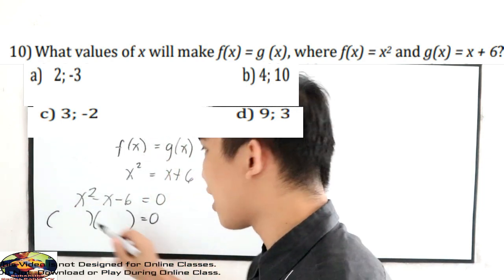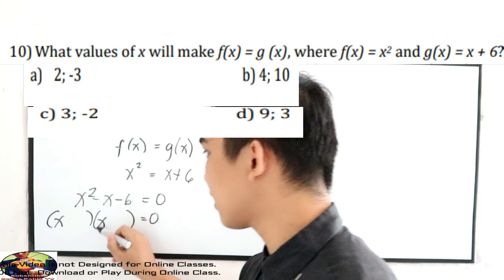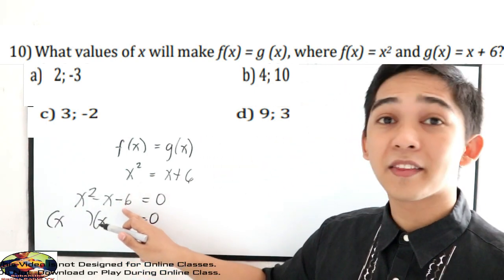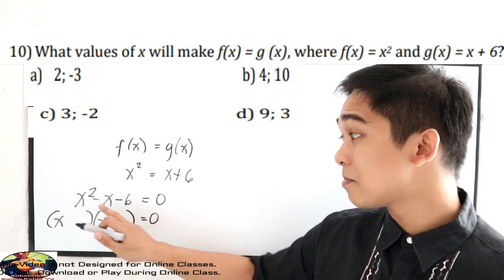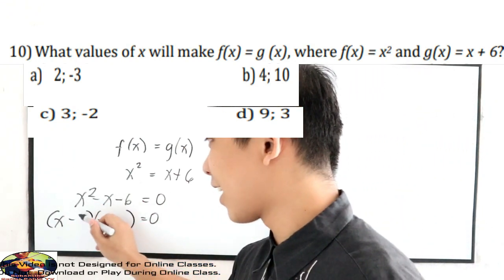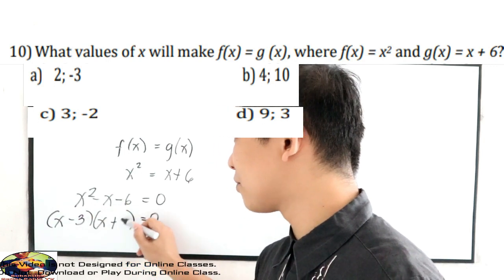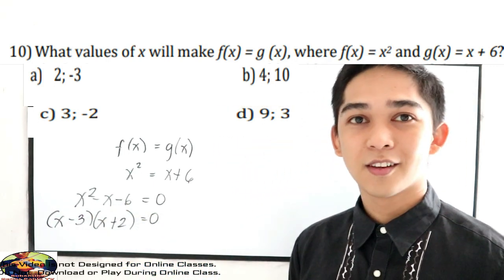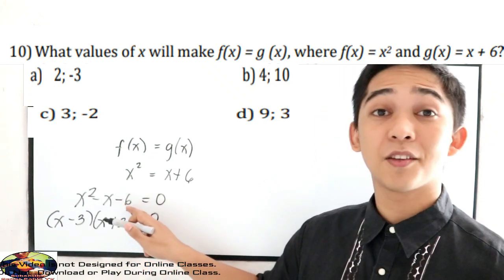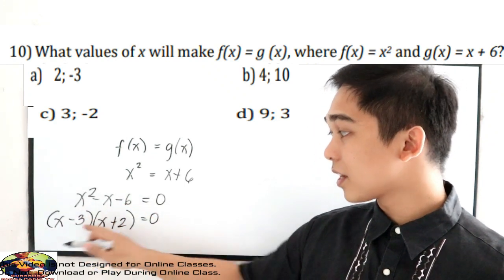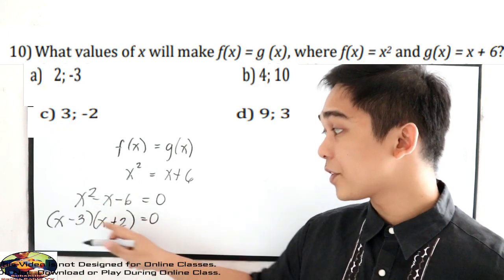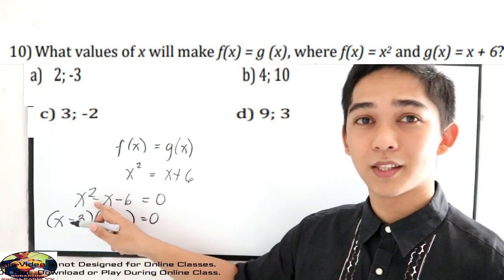Let us use the shortcut. Factors of negative 6, the sum must be negative 1. So that is negative 3 and positive 2. So negative 3 times positive 2, that is negative 6. Negative 3 plus 2, that is negative 1.